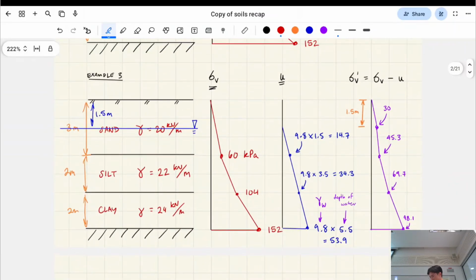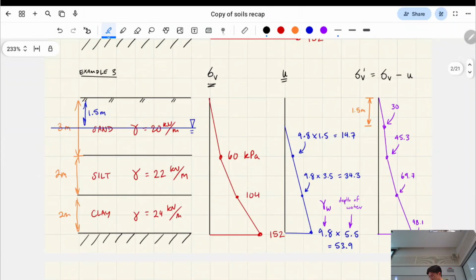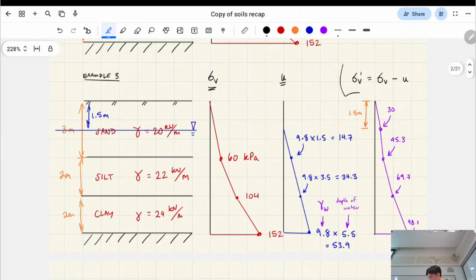Okay. So next, in the context of water, how water interacts with soil is incredibly important. But generally, the most important thing you have to keep in mind is that water will make soil weaker. It might seem a little bit counterintuitive at first because of how we talk about effective stress. The formula for effective stress is over here.